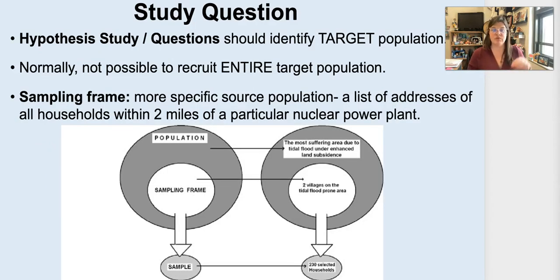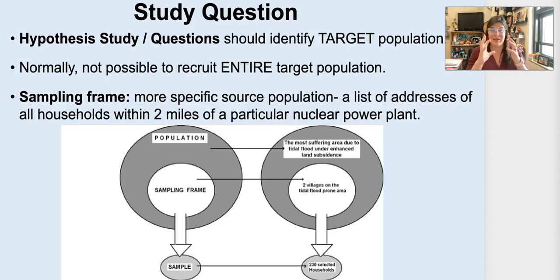We want to use that hypothesis, study, or question to identify the target population. So for example, right now I'm doing research with a friend, and we are doing Black professional women, and we are sampling from the Alpha Kappa Alpha sorority, because we know that this is something that she is able to access, as well as that we will get a good quality sampling of professional Black women.